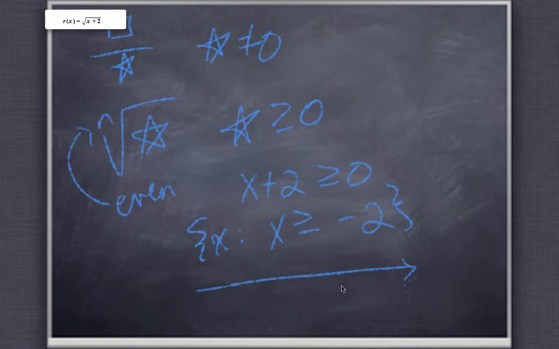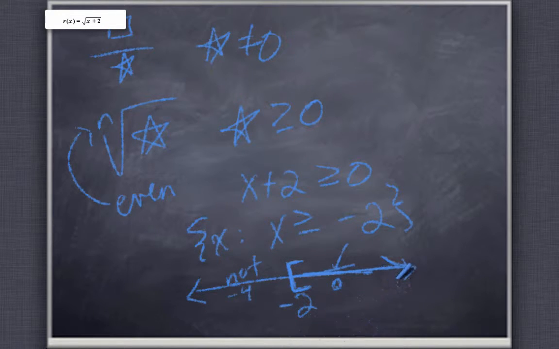So let me first do a number line. And you don't have to do that. If this is clear to you, it's fine. If you know what to do from here, but I'm going to pick a test point on either side and check, is negative 4 bigger than or equal to negative 2? It is not. Is 0 bigger than or equal to negative 2? Yes, it is. Because of the equal sign, we include the negative 2.